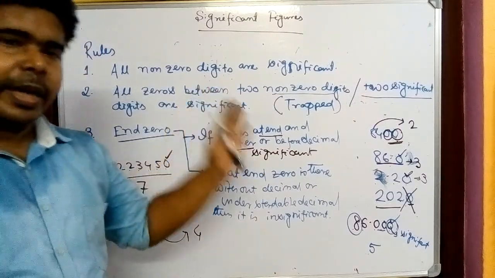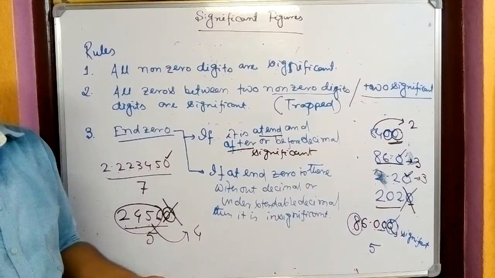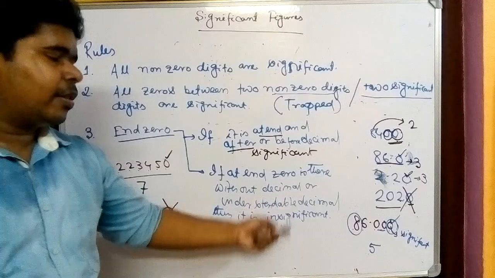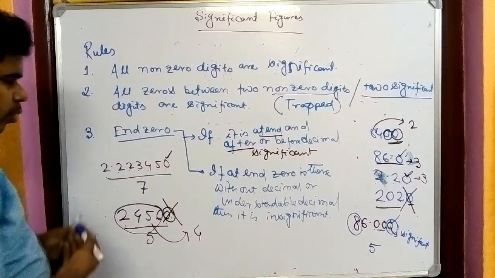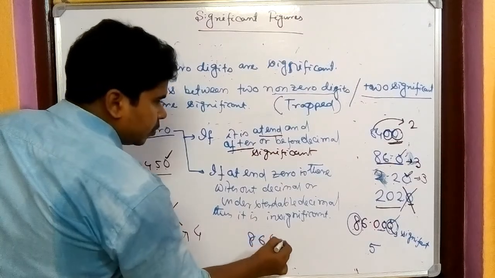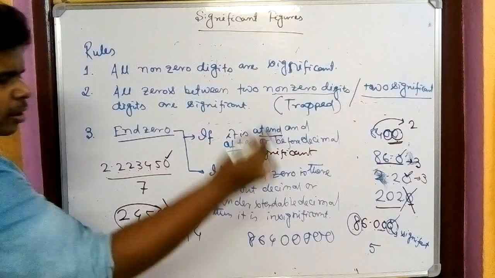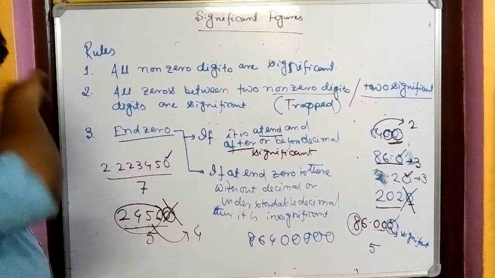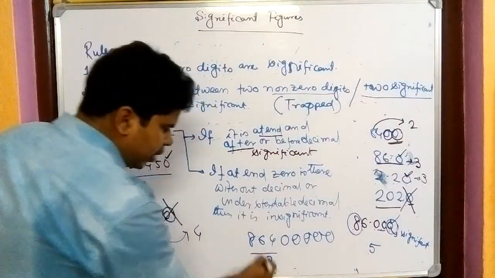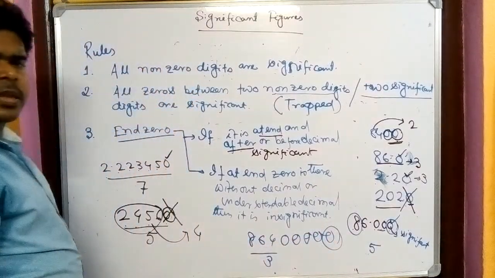And if it is at the end and there is no decimal, meaning an understandable decimal, in that case that 0 is insignificant. So if I take 864 followed by many zeros, how many significant figures are there? You will say, sir, it is only 3. Yes, definitely, because those zeros are insignificant.